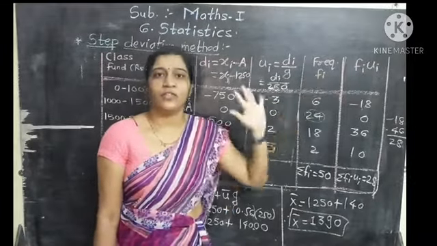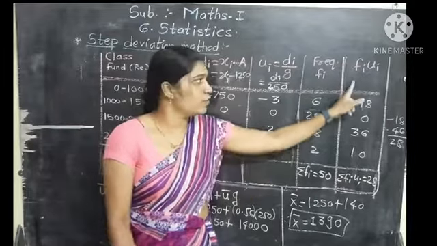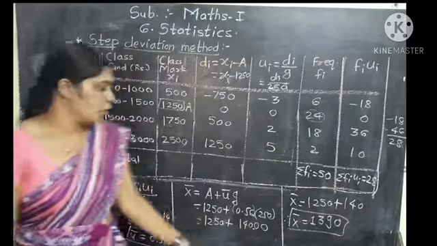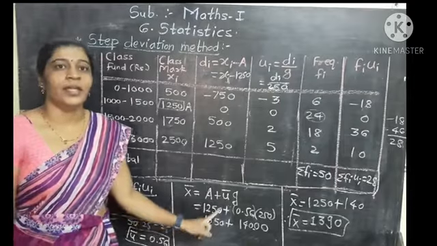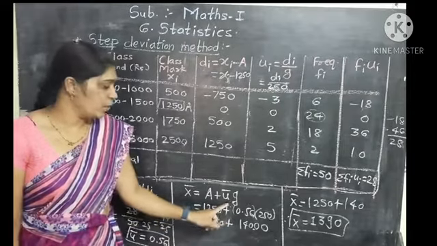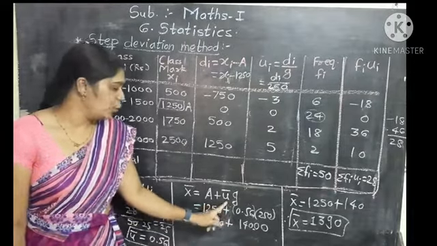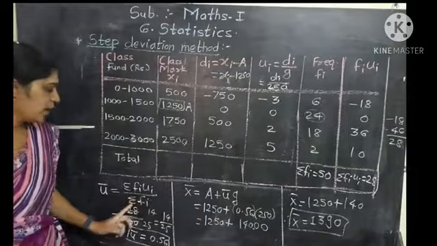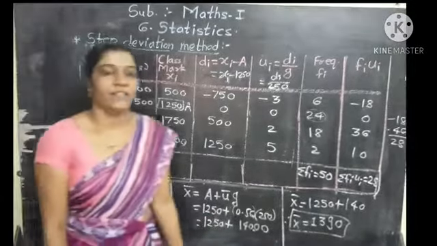The fifth column is the frequency and the last is fi into ui. The formula is mean is equal to a plus u bar g, where g is the GCD and u bar is equal to summation fi ui divided by summation fi.